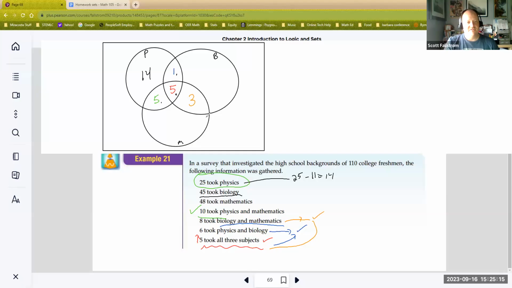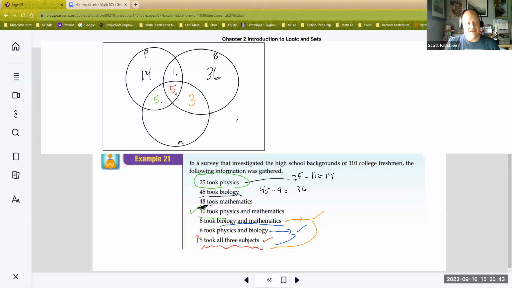So 5 plus the 3 plus the 1, that's 9, because 5 plus 3 is 8, plus 1 gives me 9. And so if that's 9, there's 45 total. So I need 45 minus the 9 that I already have, and that gives me 36. So that means there's 36 in that region out here.